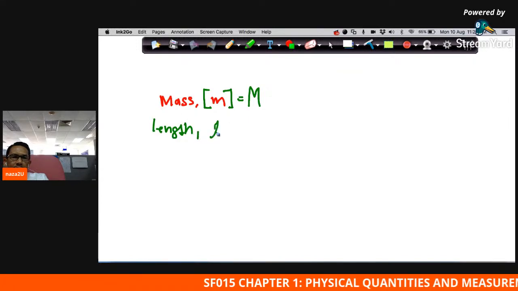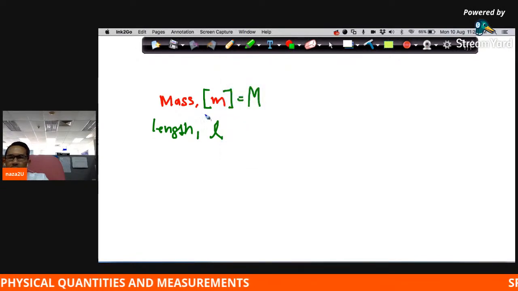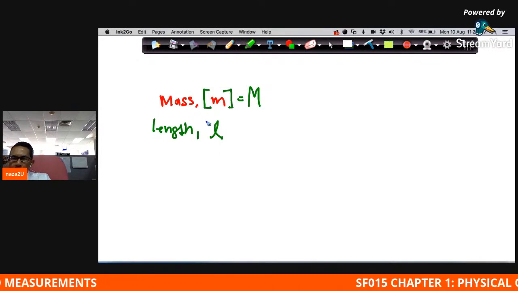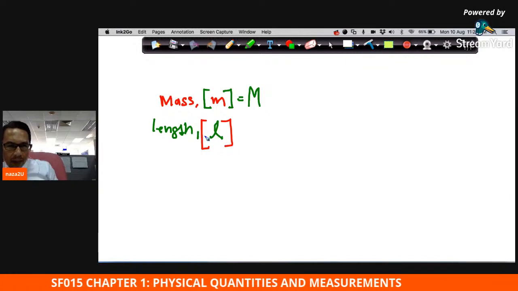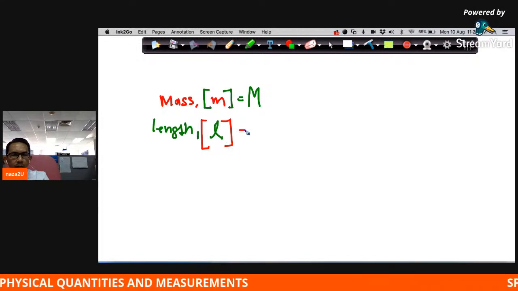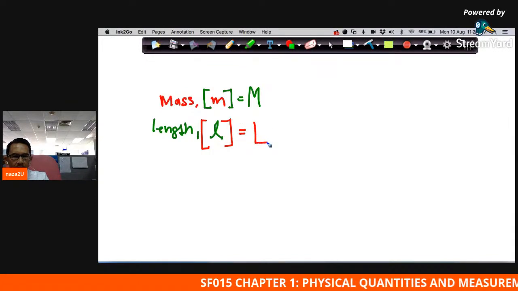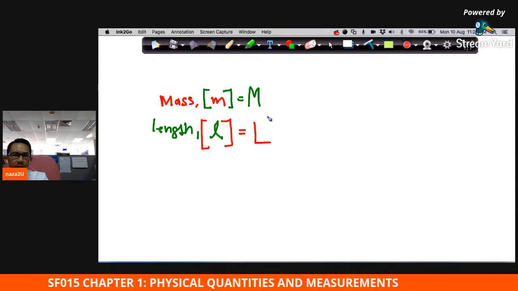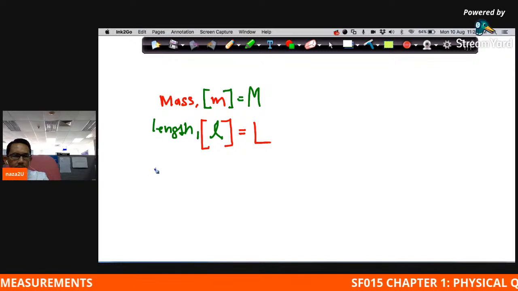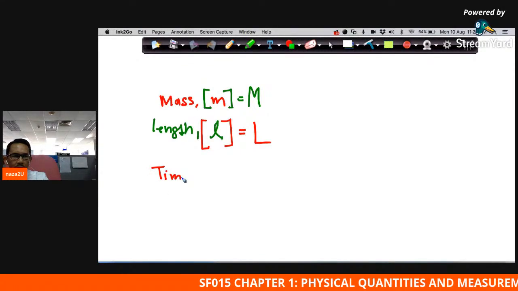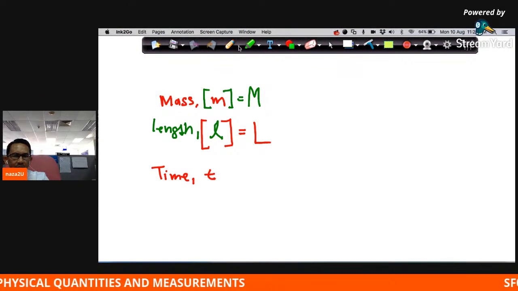Length is l, a basic quantity. What is the dimension of the length? The symbol of the dimension of length is a capital L, right? The next is time t. Time is a basic quantity and the symbol is the small t.